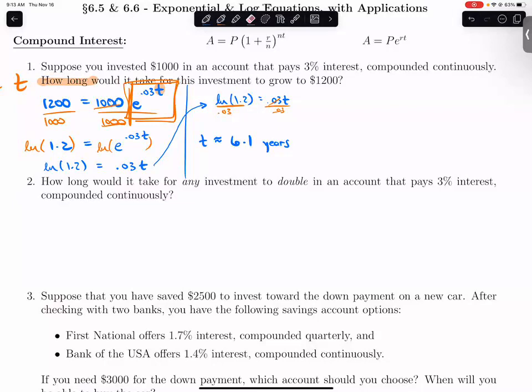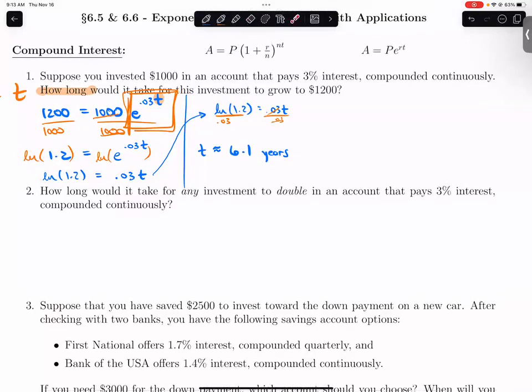Okay, so what feels different about this one? I didn't give you concrete values, like I didn't give you a number, right? Because I'm asking about how long it would take for any investment to double. So what did I give you that's concrete? 3%. The interest rate, 3%, compounded continuously, so we know which formula we're using.